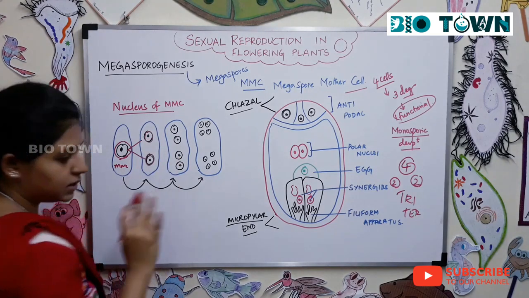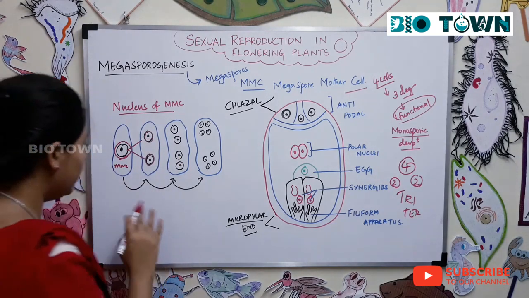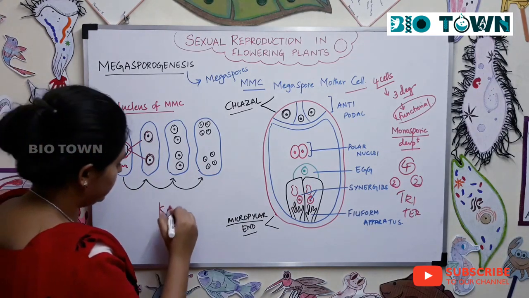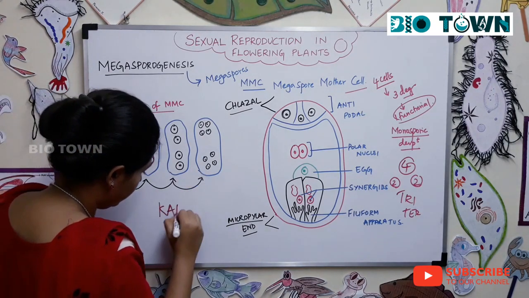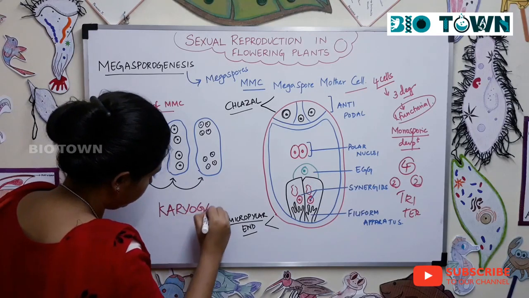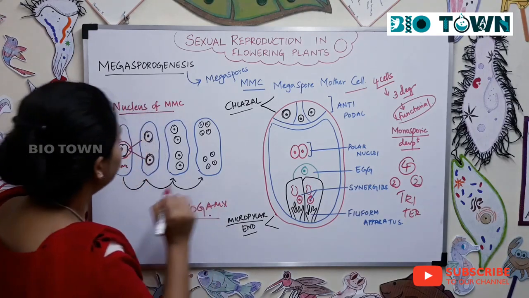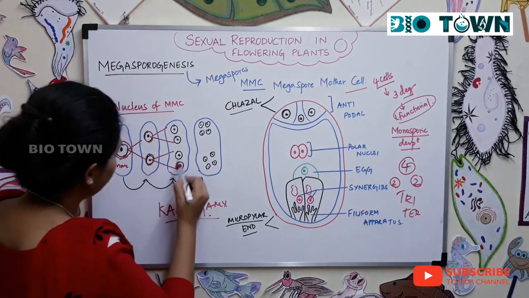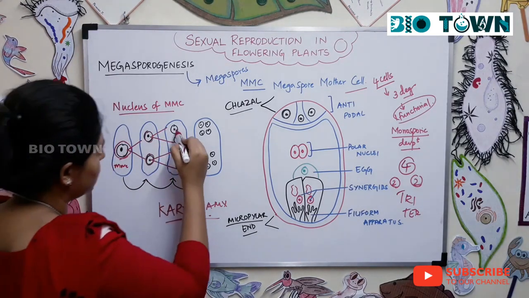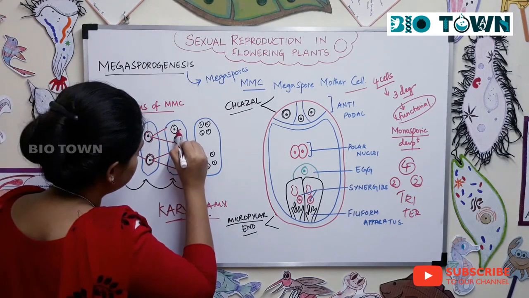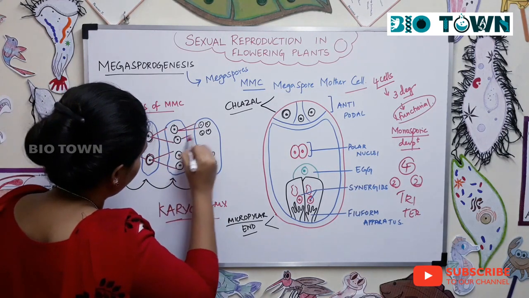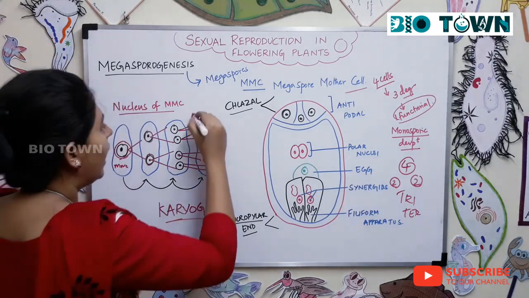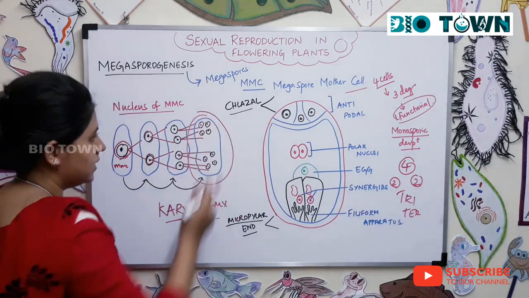It is not cytokinesis, it is only karyokinesis, only the nucleus divides. Now again this will undergo mitotic division, and it is now the four nuclear stage, and again each of these divides, so now you have the eight nuclear stage.